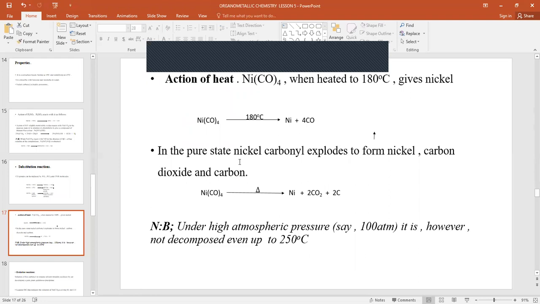In a pure state, nickel carbonyl explodes to form nickel, carbon dioxide, and carbon, as can be seen in the equation. The point to note here is that under higher atmospheric pressure, say about 100 atmospheres, it is, however, known to decompose even up to 250 degrees.